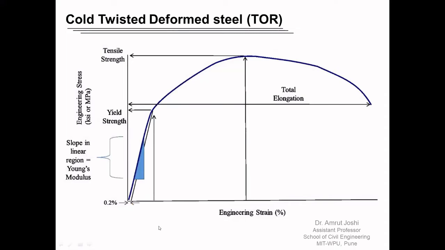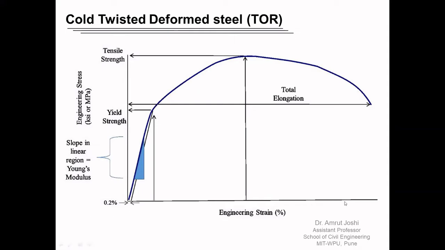Now this is the typical stress strain curve of cold twisted deformed steel, that is TOR steel. This steel has serrations on its surface. This steel does not exhibit a definite yield point, as you can see, and therefore 0.2% proof stress is regarded as the yield stress of the steel. So what is 0.2% proof stress?